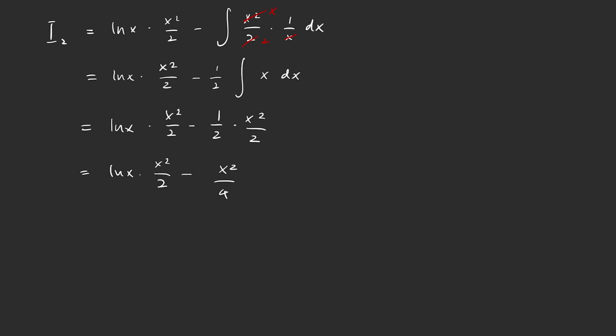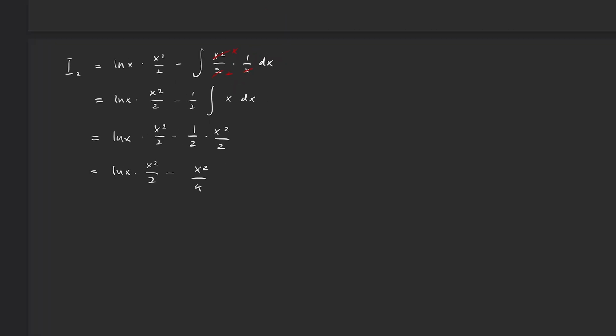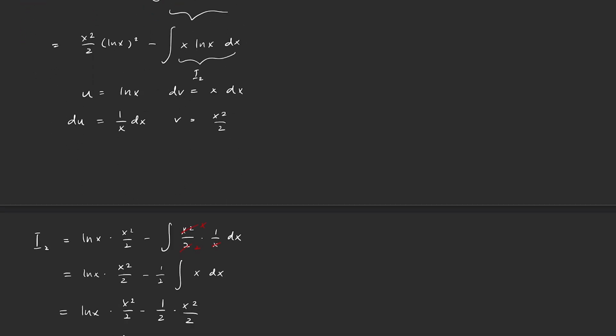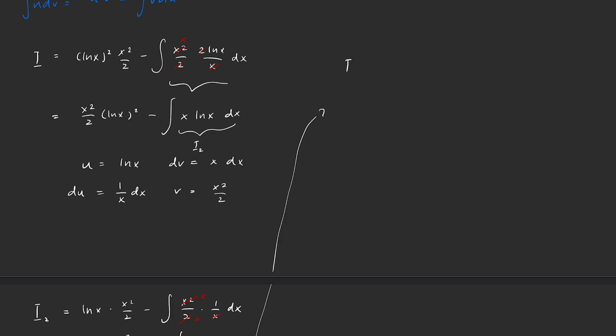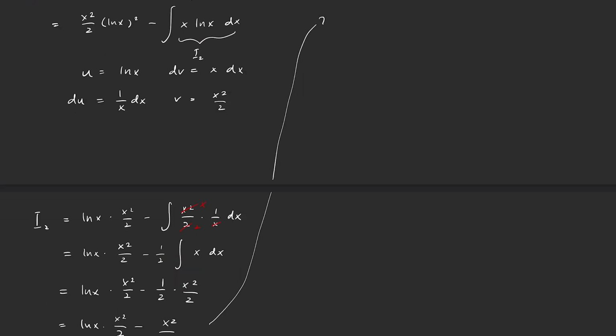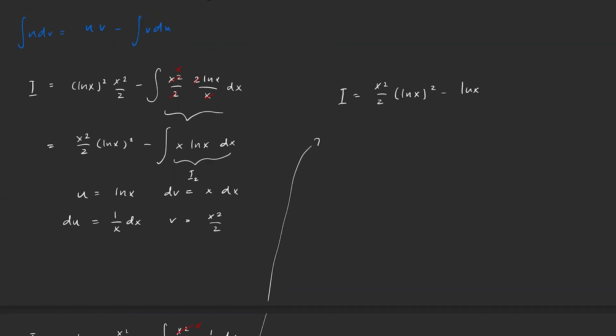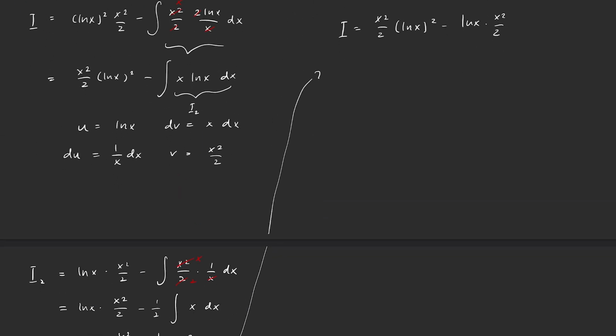So this is our expression for I2, and now we just have to put this back into our whole I. I'm going to bring it up here so we can see better. So I is equal to x squared over 2 multiplied by ln x squared, minus our integral, which we solved to be ln x multiplied by x squared over 2 minus x squared over 4.